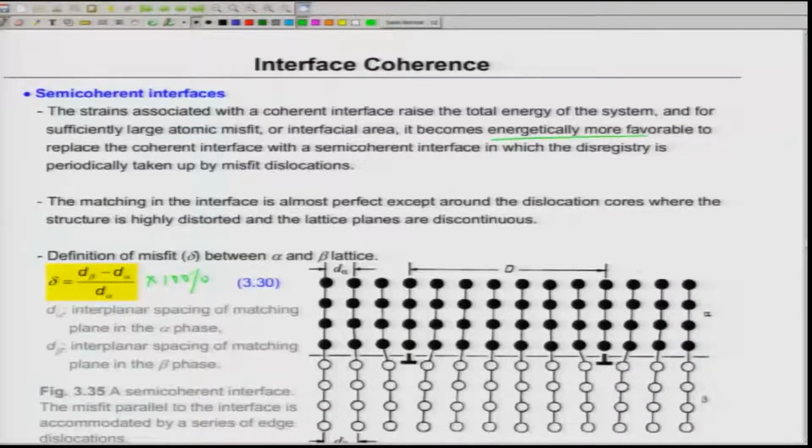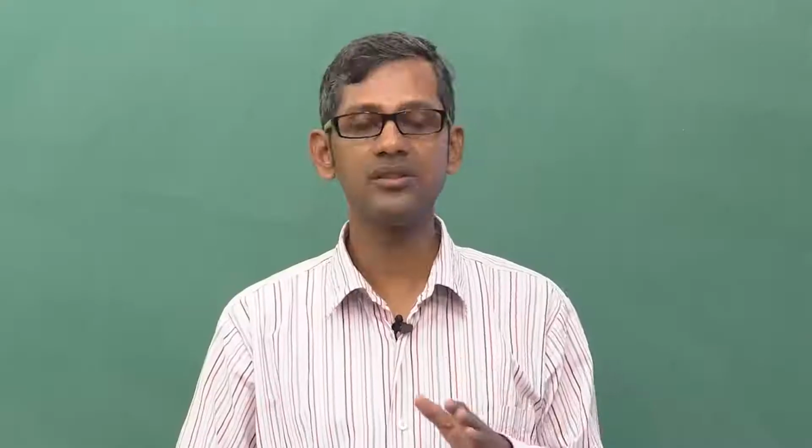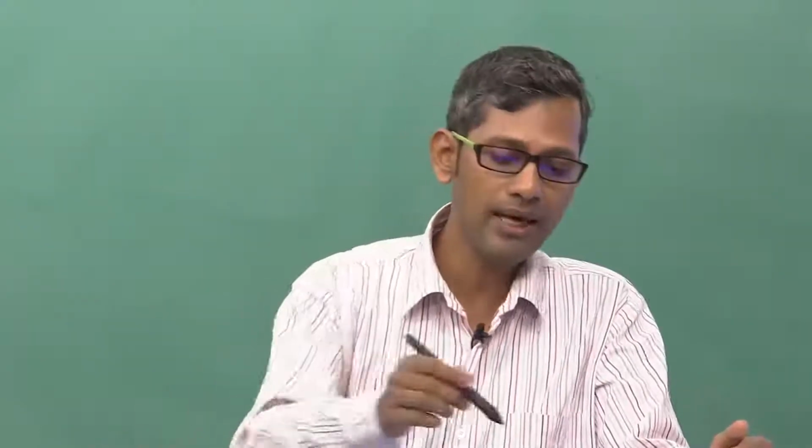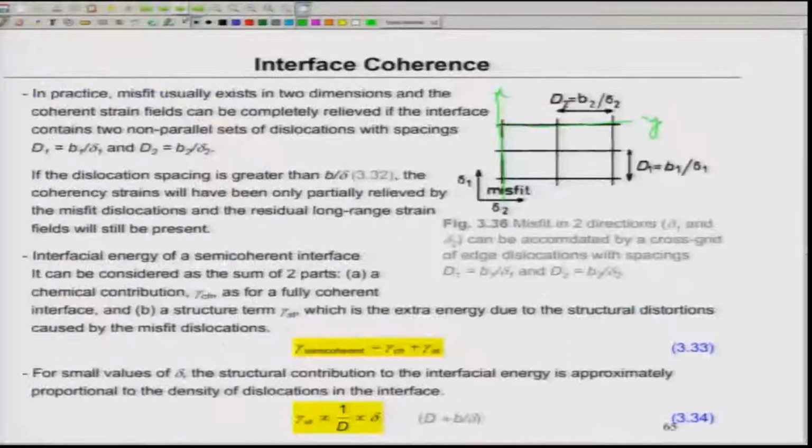Although these dislocations are created to relieve the strain, there are still a few bonds, like this one along the core of the dislocation, or this one, that are distorted. Dislocations exist only in 2 places, but some bonds are still distorted. This happens when the spacing between these dislocations is more than the Burgers vector b by delta.